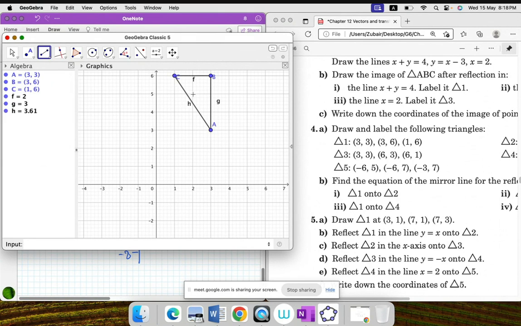And I don't know how to label it. We'll just remember this is triangle 1, and I'm drawing the others.